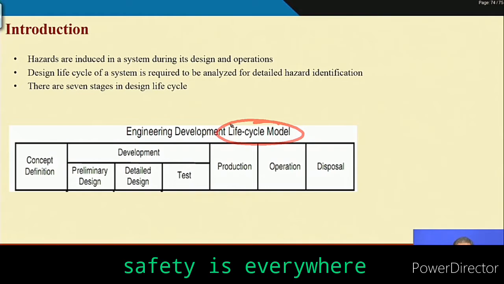Being industrial safety engineering the subject, we are more interested in the process life cycle, and you just see that when you think of developing a process, first is the concept generation. What purpose it will serve, what is the requirement, who are going to use it, that means the customers, the customer requirements, all those things come under concept definition.